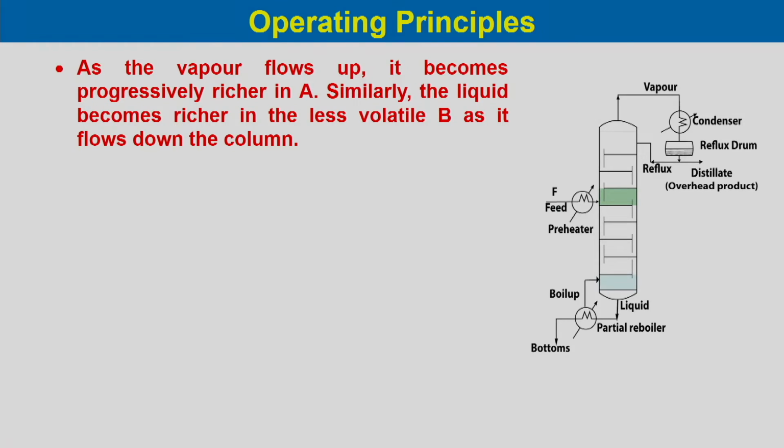As the vapor flows up, it becomes progressively richer in A. Similarly, the liquid becomes richer in the less volatile B as it flows down the column. So, it is now clear that the vapor flows up, the liquid flows down, and the composition changes, with the less volatile component in the liquid phase and the more volatile component in the vapor phase.